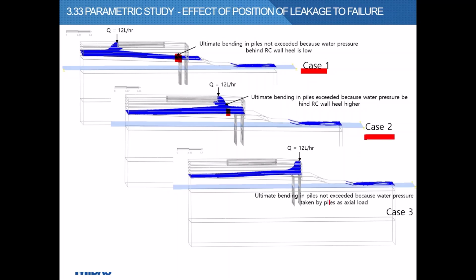Right? And number 3, if the leakage is right behind the RC wall, the phreatic line is highest within the RC wall but remains low at the heel of the RC wall, and therefore it will not initiate a failure. The weight of the water will be carried by the pile as an axial load.